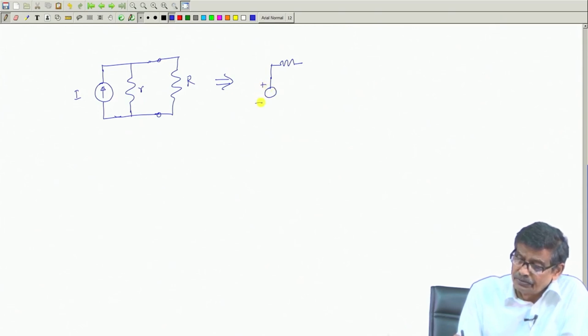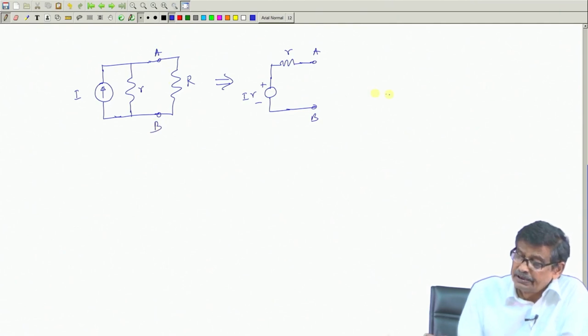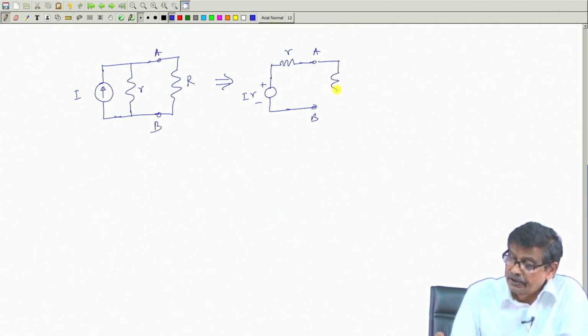You can always go to R and here is your AB. We have seen that in DC circuit and here is your R.